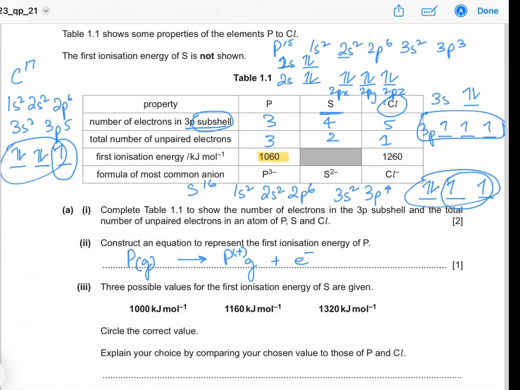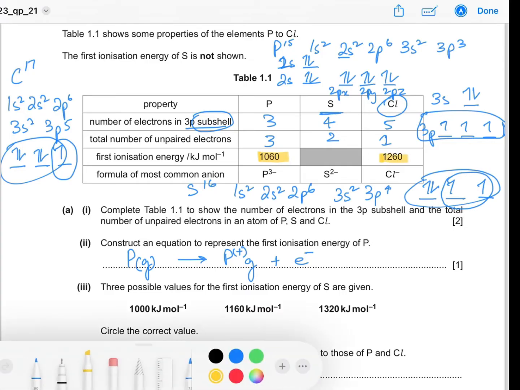Here you have the first ionization energy of phosphorus and that of chlorine. So what that means is, when you want to remove this first electron from a phosphorus atom, you will need 1060 kilojoules per mole of energy.